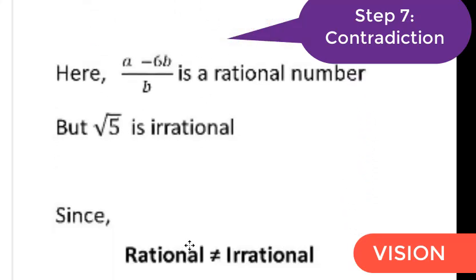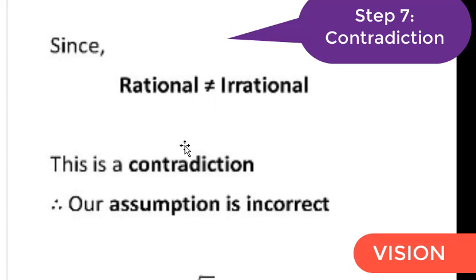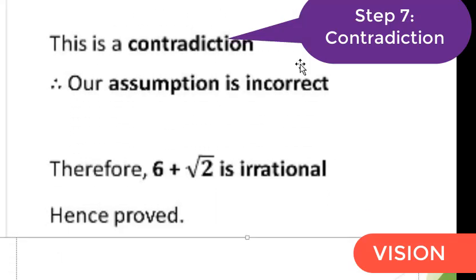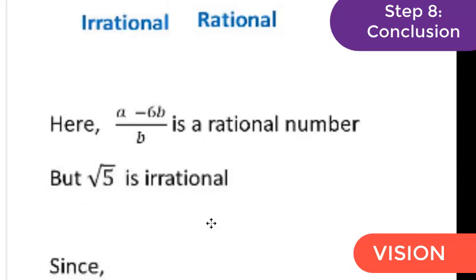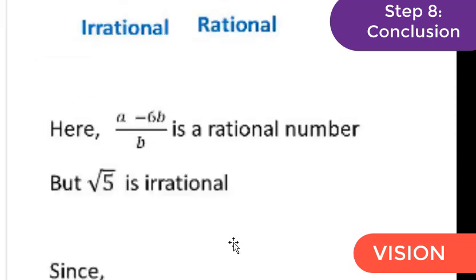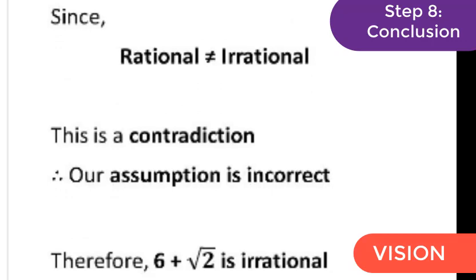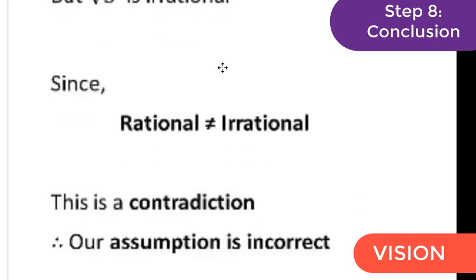So we declare that our assumption is incorrect. Then let me move to step 8, the conclusion. Due to the contradiction step, the assumption is incorrect. We conclude that the given number is irrational, that is, 6 plus root 2 is an irrational number. That is what we are proving in this step.